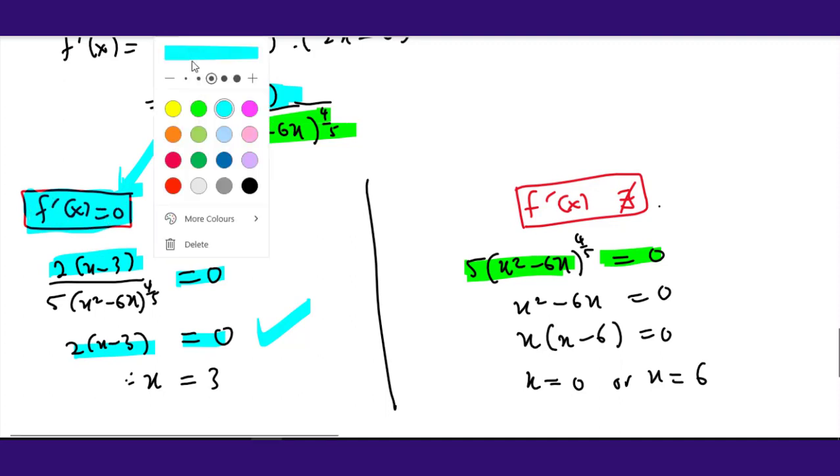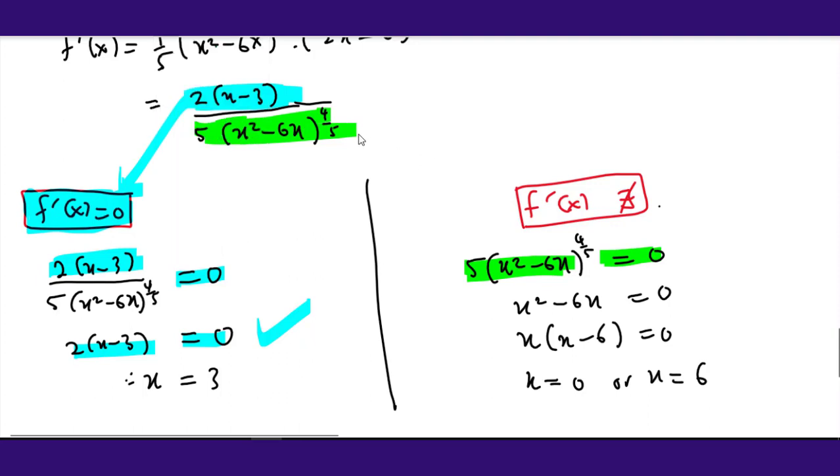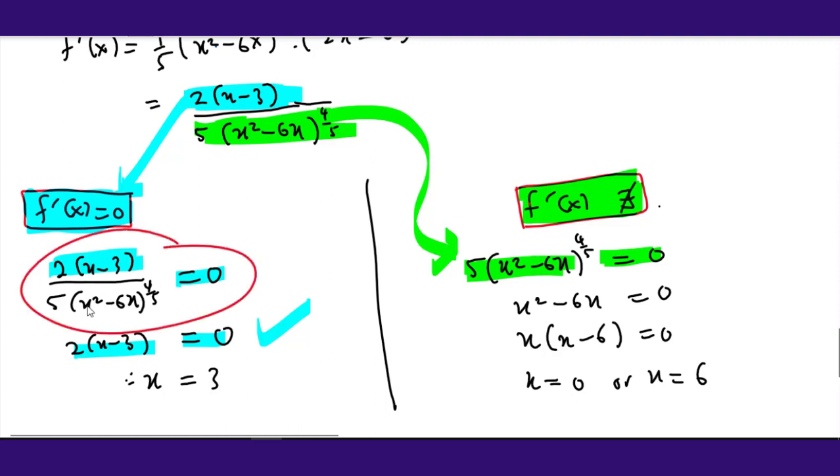And take the denominator equal to 0 to find where f prime of x is not defined. This is a way to remember, but it's not the concept. You need to consider all of f prime of x. For the denominator equal to 0, f prime of x is undefined or does not exist.